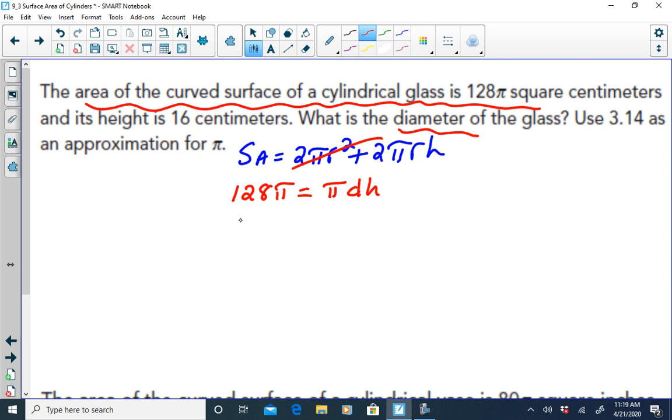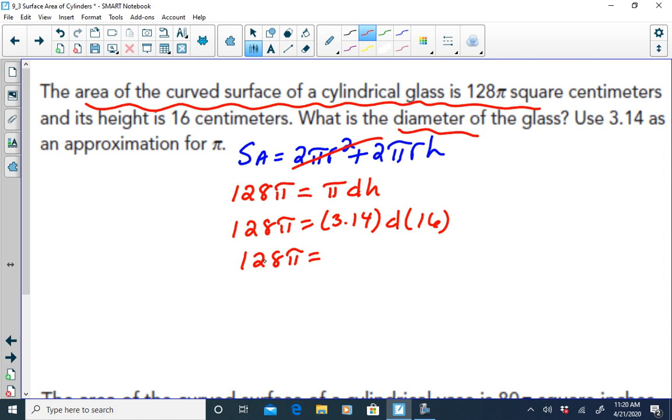So with our next step, we have 128 times pi is going to be equal to 3.14 times the diameter, and our h is going to be 16. Next line, 128 times pi is going to be equal to, when we multiply that, 16 times 3.14.